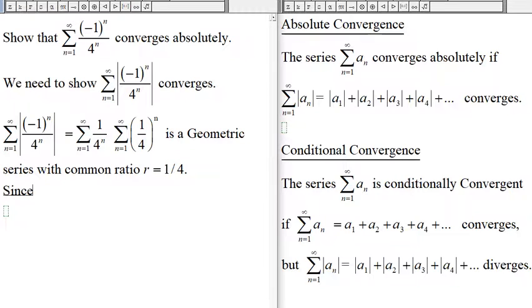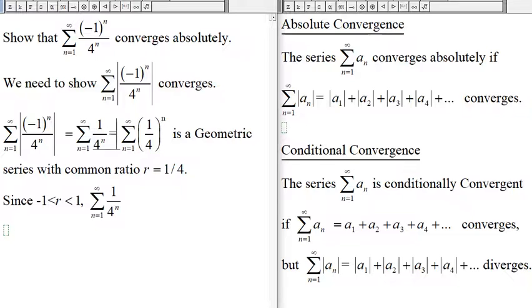And since we have r is between negative 1 and 1, this series right here converges by geometric series test.